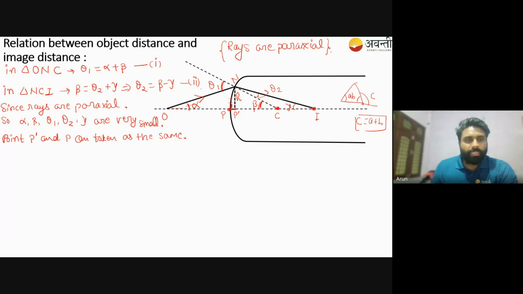Based on that, we are going to apply tan alpha in triangle ONP, or I would say P dash, because P and P dash are the same. So what should be the value of tan alpha here? Tan alpha is perpendicular over base.